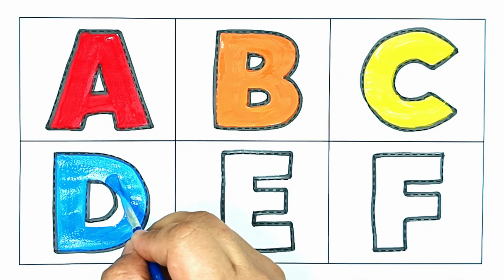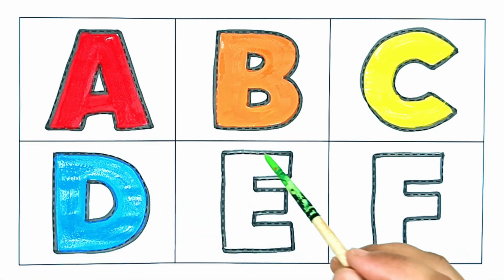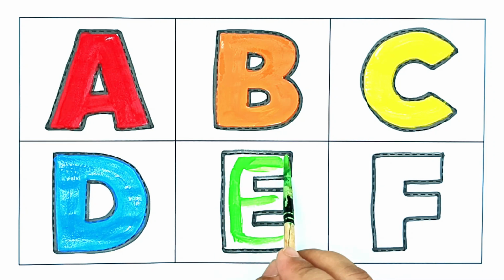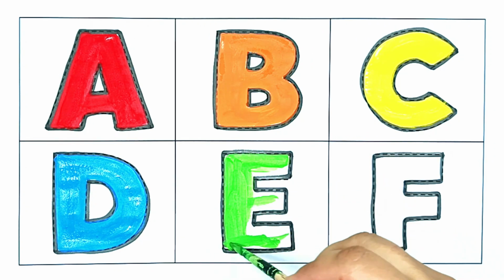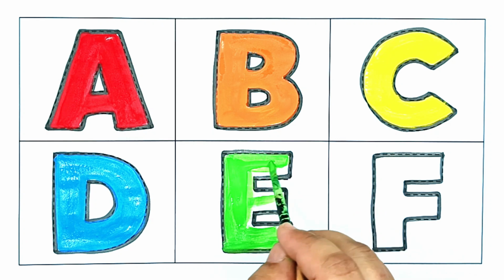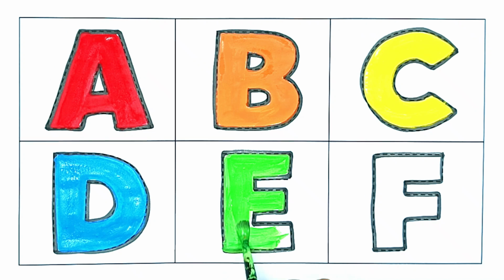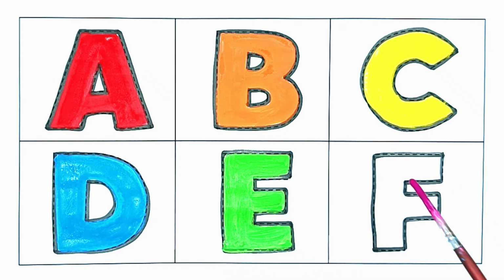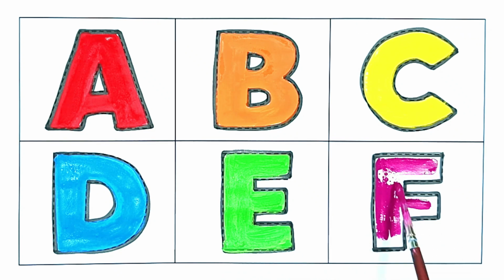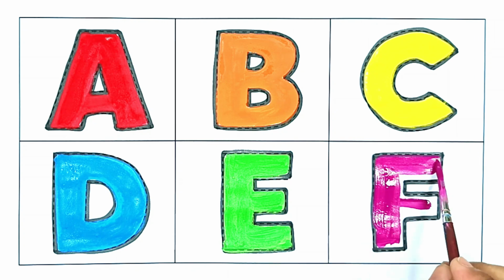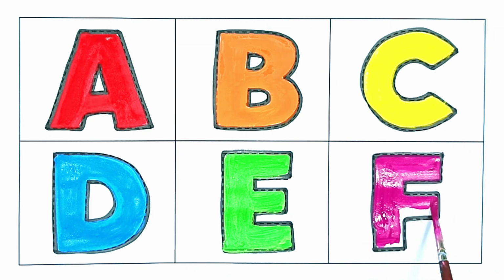D for doll, D for doll. E for egg, E for egg. F for frog, F for frog.